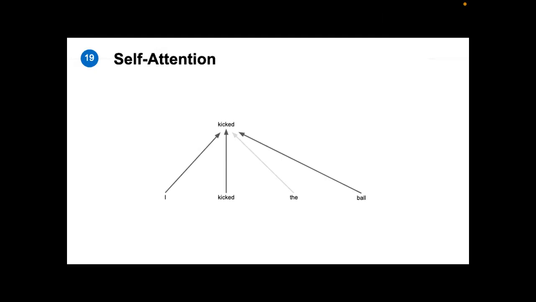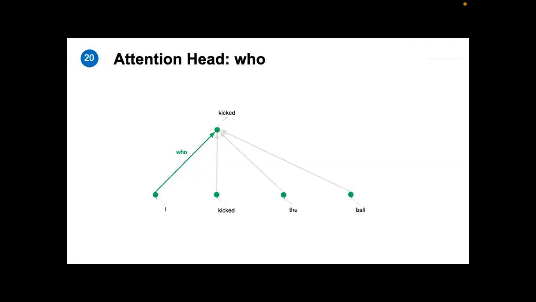I'm sorry, this is so high level, but in the case of "I kicked the ball," when we want to know what kicked means, there are different elements of the sentence that are important for having a good representation of what kicked means in context. So, this is showing, okay, who did the kicking?